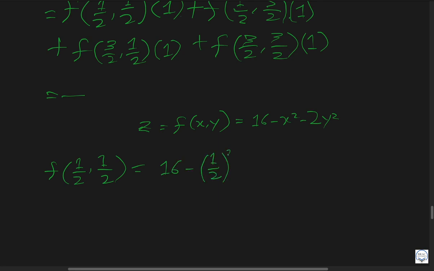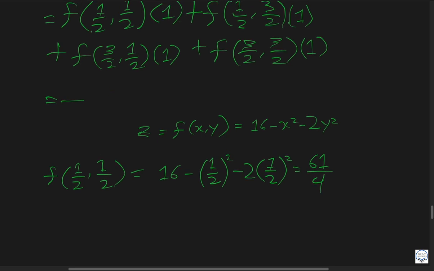So if you want to evaluate f of half, half, we put the value of half in the x coordinate and also half in the y coordinate. So it should be 16 minus half squared minus 2 times half squared, and if you evaluate this, you'll get 61 by 4.